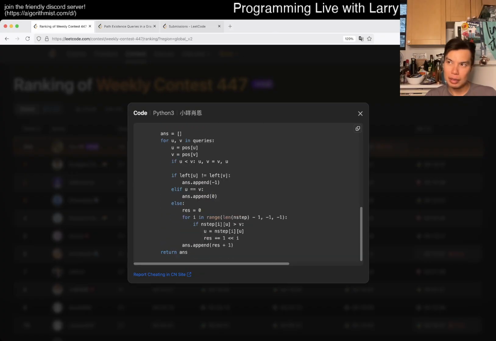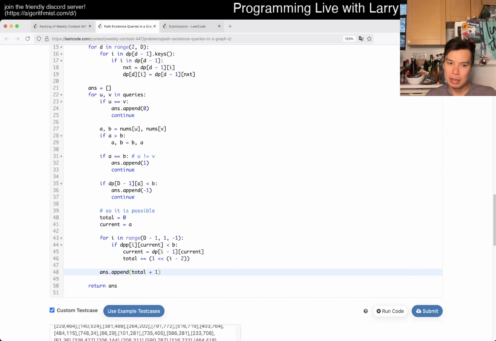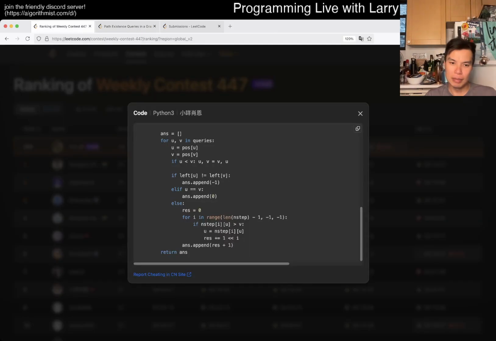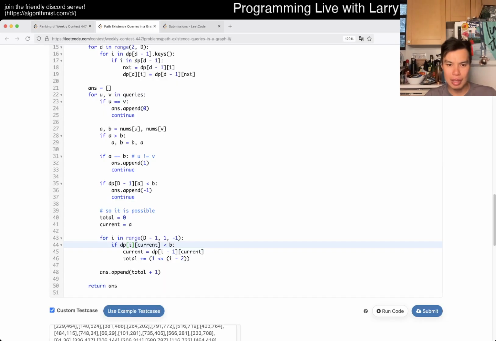So step is if dp... Well, they do it by I, but I do it by I. I'm trying to understand this a little bit, because this is the type of dynamic programming that I know I'm really bad at.